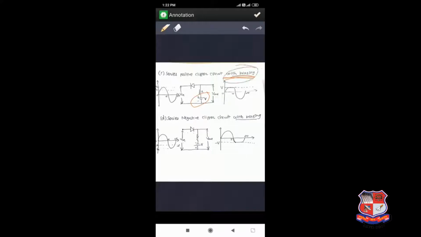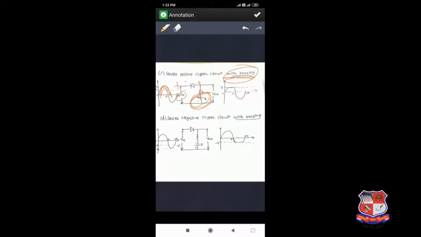When the positive cycle is applied, during this positive cycle the diode is in reverse bias. Due to this battery, the plus terminal is connected with positive and negative with negative. So due to this battery the diode is in forward bias, and due to the applied voltage the diode is in reverse bias.